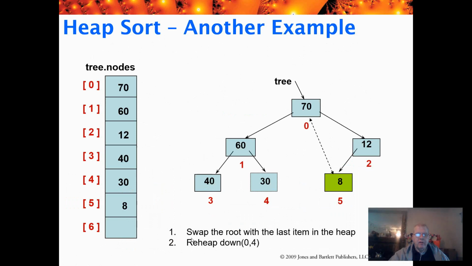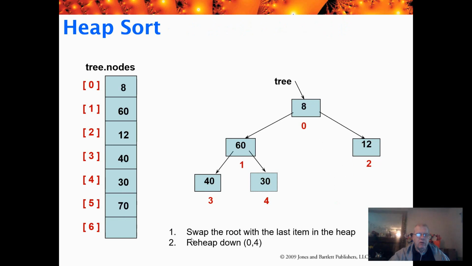So here's an example of a heap, and we take the last element, 8, which also incidentally is the last element in the array, and we swap it with the root, and we put 70 down below, but 70 is now fenced off because it is the largest.